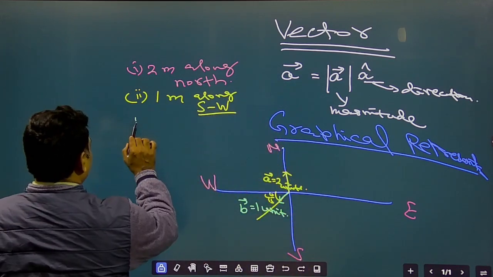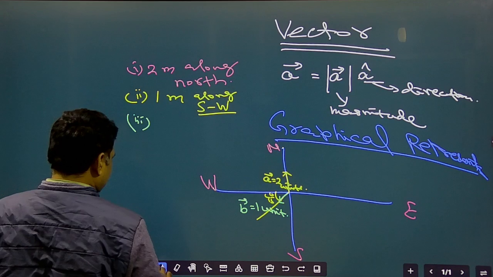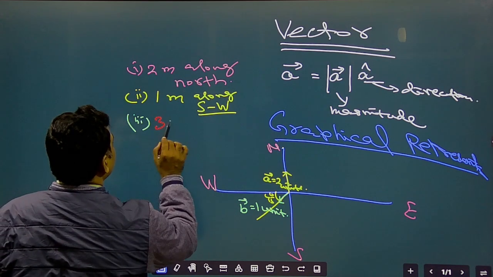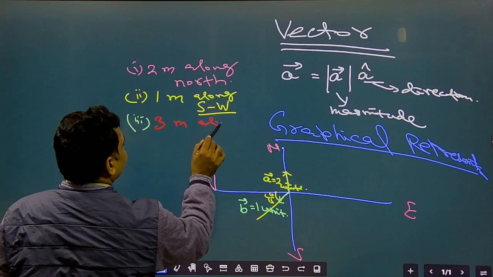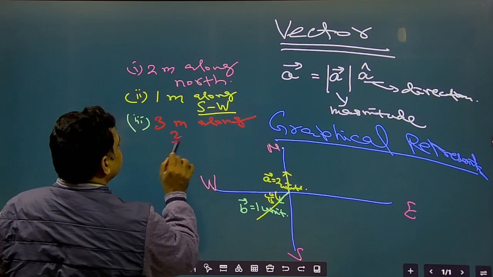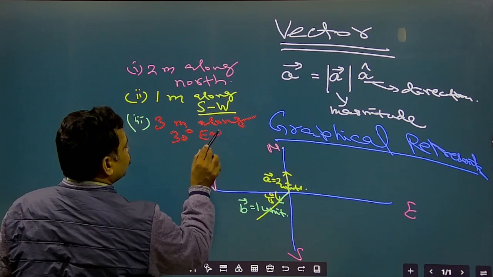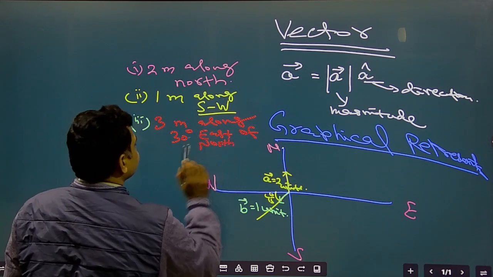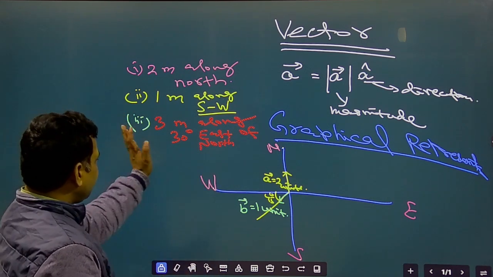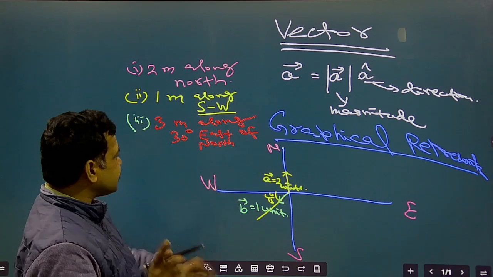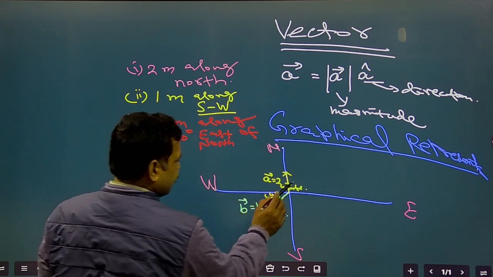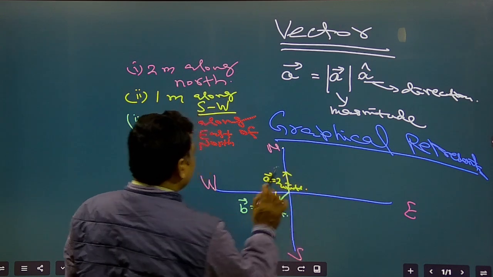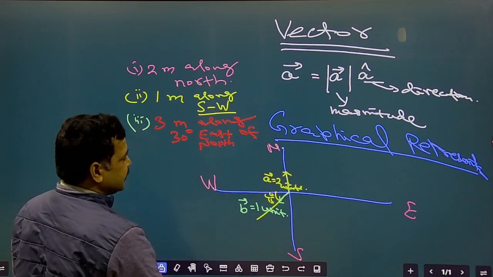Similarly, if I talk about a third vector, suppose you take 3 meter along 30 degree east of north. How to represent this? You see here 3 meter along 30 degree east of north. East of north means we start from the north side 30 degree towards east.